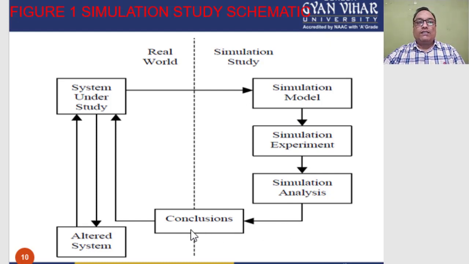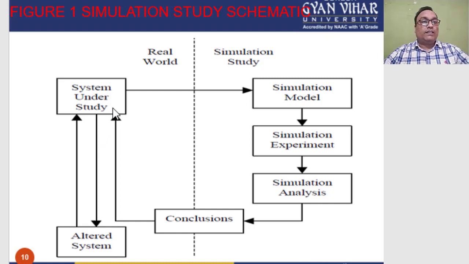And this conclusion gives the exact result. Sometimes it gives a hypothetical result, but this result meets all types of requirements. Then this conclusion is applied to the system under study.